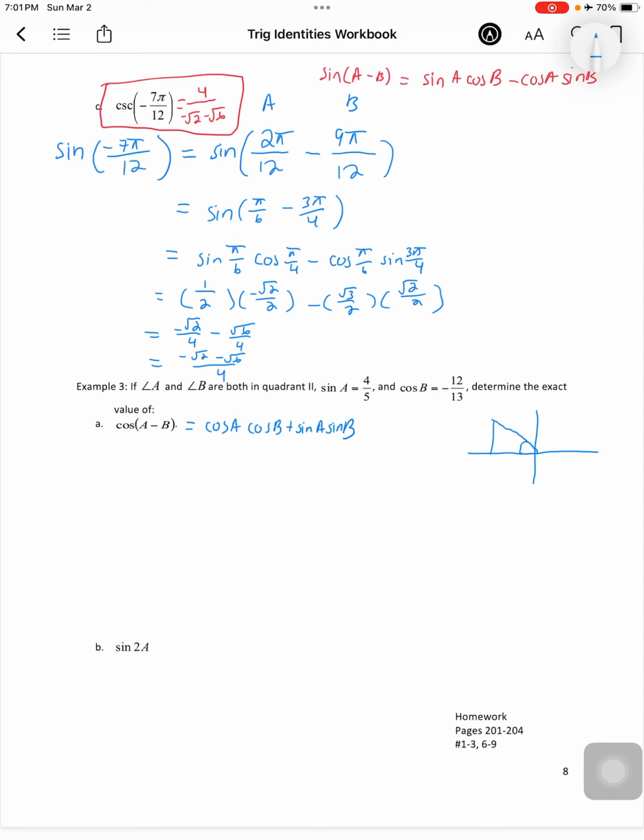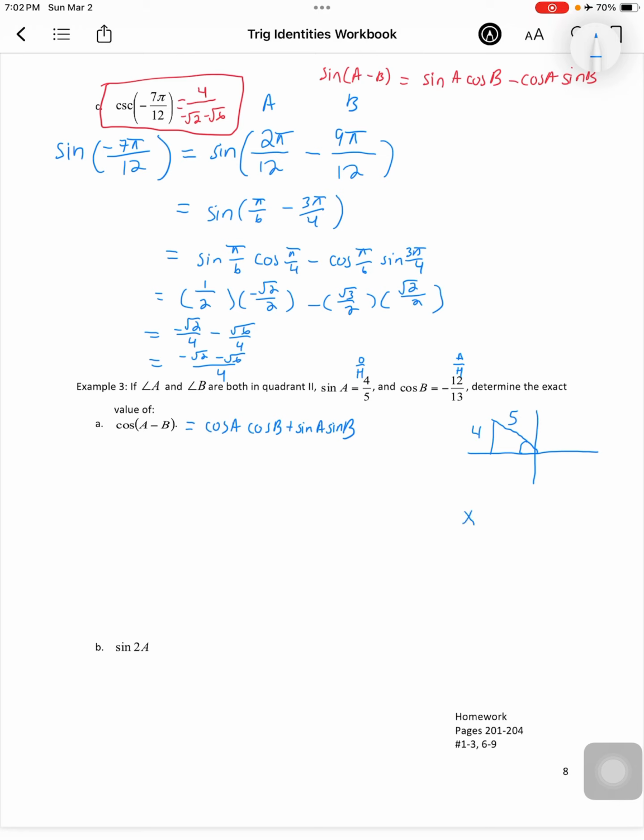Sine is related to O over H, and cos is A over H. For sine, our opposite value is a positive 4, and our hypotenuse is 5. So how can you figure out what your adjacent is?